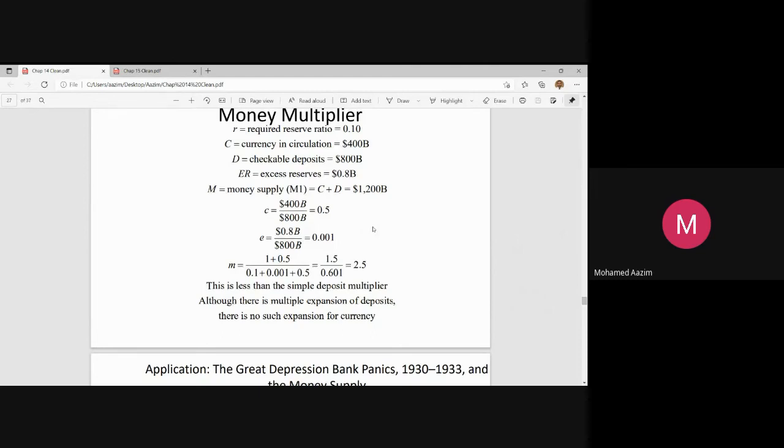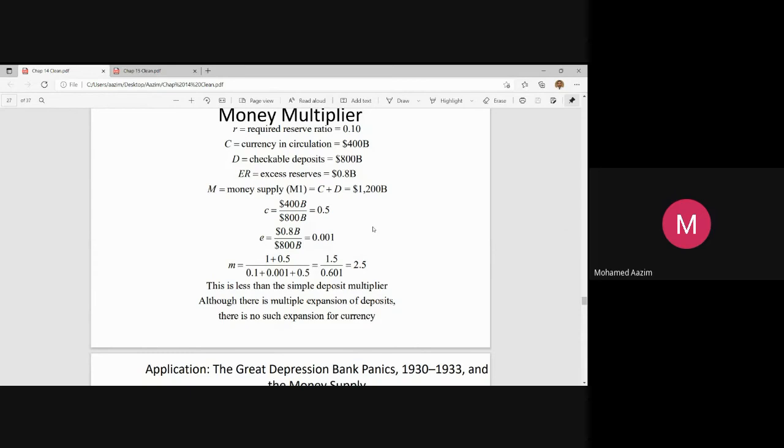But if you are holding that in deposit form, after leaving required reserves, the banks could expand that in multiple form. That's the reflection here of the lower money multiplier derived in the detailed, complex model compared to the straightforward, simple model that you learned.